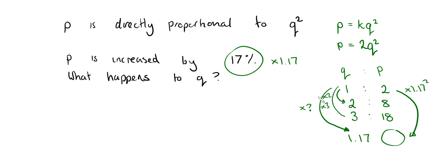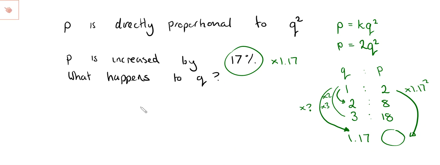So, you know from previous work on direct proportion, if you multiply one variable, you also multiply the other one. But this time, it's proportional to Q squared. It is in the book that if you multiply by C, then the other side gets multiplied by C squared in this case because it's squared.